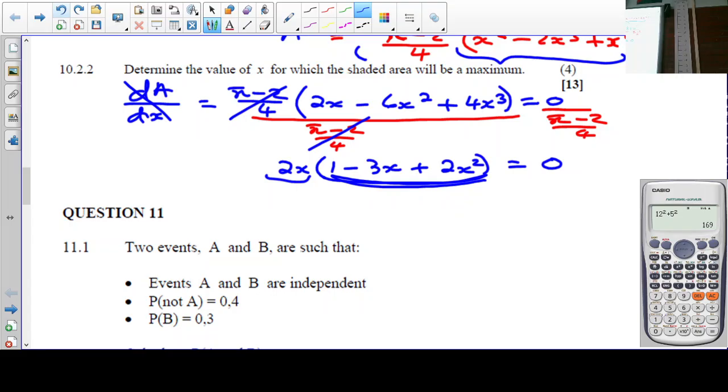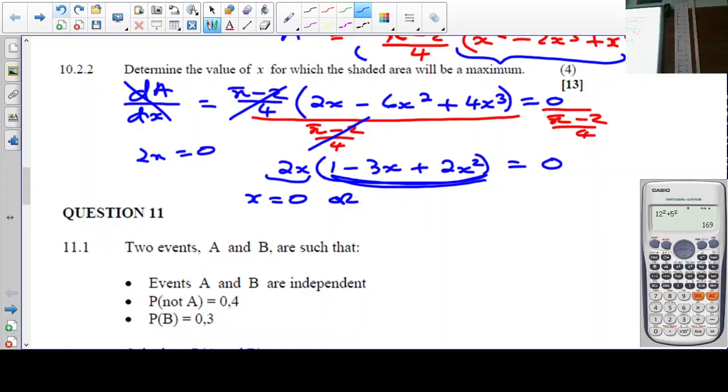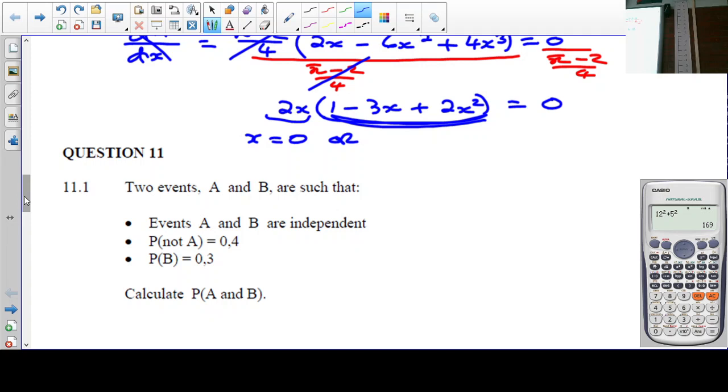Not so? What is this to us? Trinomial. Not so? So x is equal to 0, or where is this coming from? From this 2x. Not so? So I say 2x equal to 0, x equal to 0. Okay? Oh, this is now a trinomial. Again, don't keep yourselves brave if you can't factorize a trinomial. Now, I explained to you yesterday, none of your friends is going to know if you use the quadratic formula.